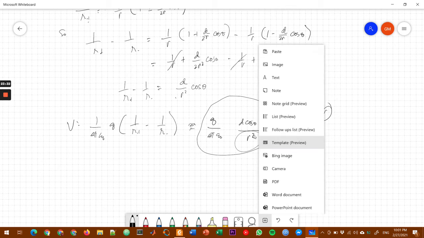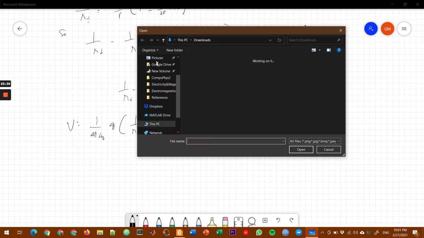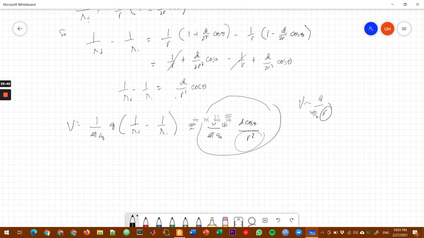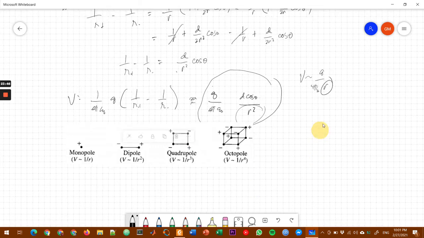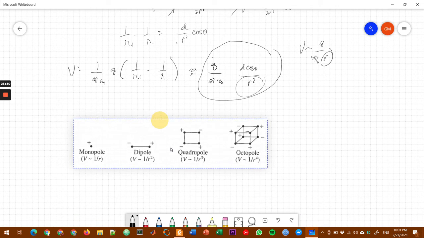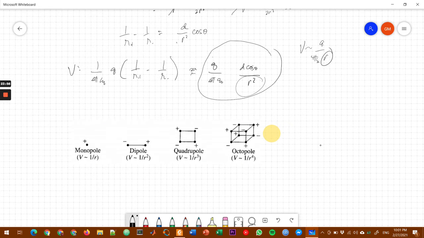Let me insert an image. Take a look at this. This is the monopole, with one point only.